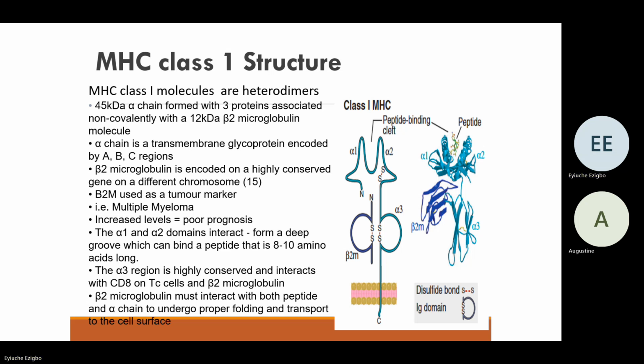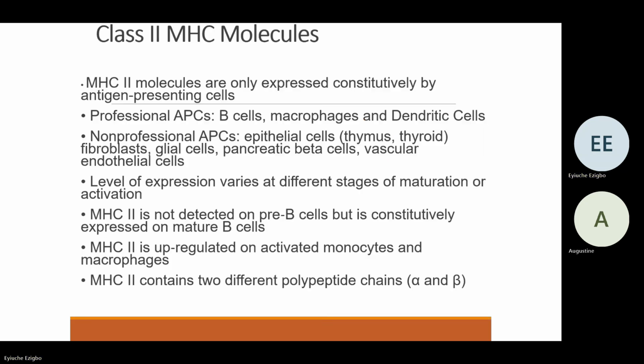So the class 2. MHC class 2 molecules are only expressed constitutively by antigen-presenting cells. We have our professional APCs, that is professional antigen-presenting cells: the B cells, the macrophages, and the dendritic cells.